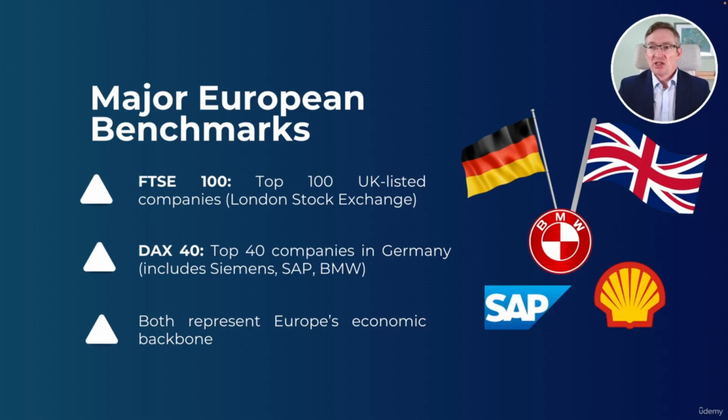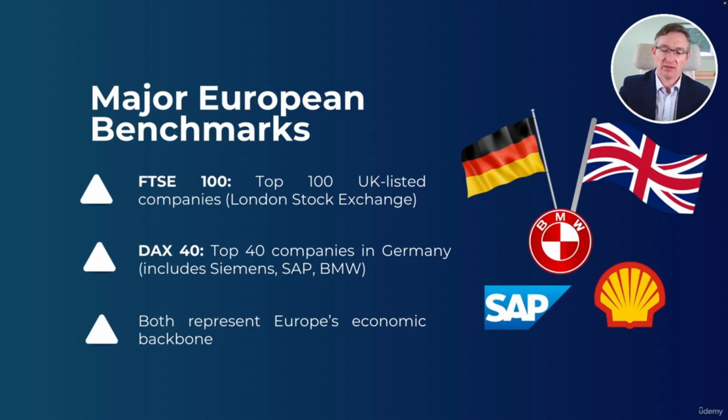The UK, since Brexit, is no longer part of the EU, but the UK is another leading economy, and in the UK, the FTSE 100 tracks the 100 largest companies listed on the London Stock Exchange. That includes some of the big global names like Shell, HSBC, a very international bank, Unilever.